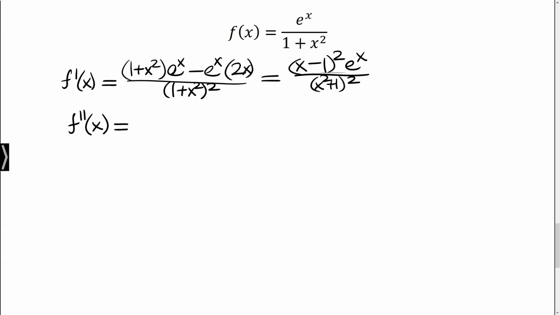In other words, look at this as x minus 1 squared over x squared plus 1 squared, all times e to the x. I think that's probably going to be the best way to consider this. In fact, since these are both squared on top and bottom, why don't we just take that square out?